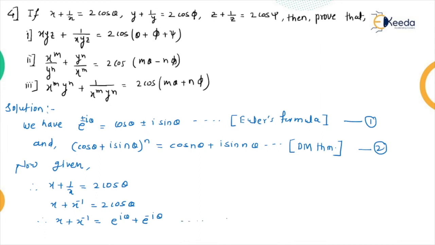So what is the reference here? The reference is that cos theta, the circular function, is e to the power i theta plus e to the power minus i theta, divided by 2. Comparing, we already have x plus x inverse equal to e to the power i theta plus e to the power minus i theta.